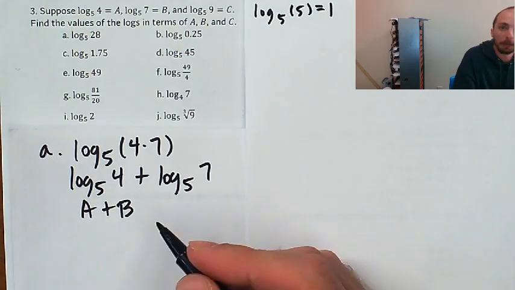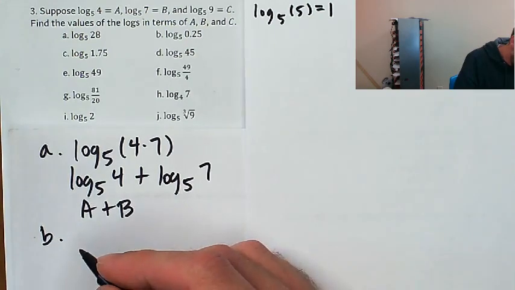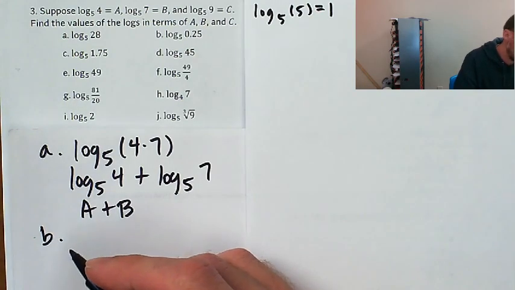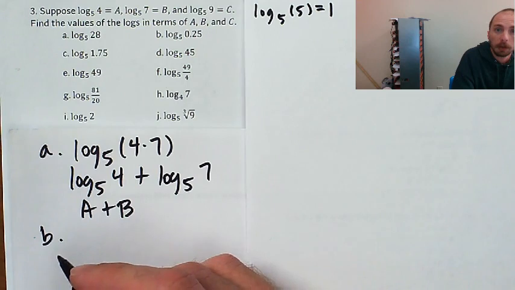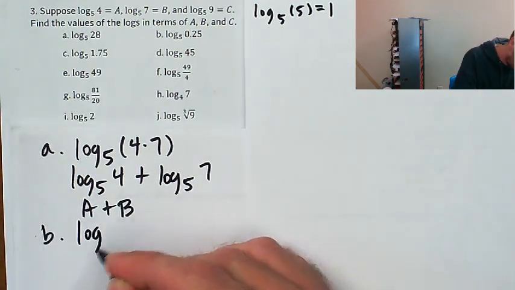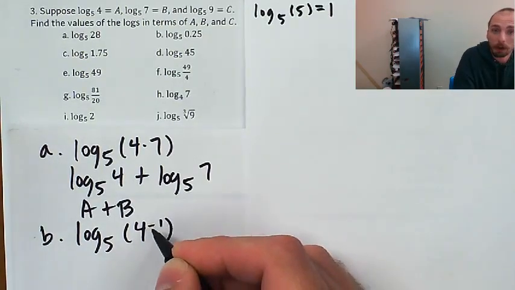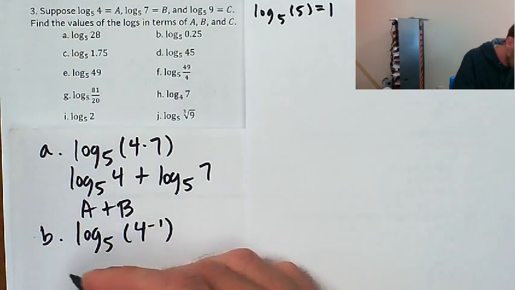Right, I'm definitely not going to be able to fit all of these. I'll figure out a way. B is log base 5 of 0.25. 0.25 is 1/4. Okay, so I'm going to make that out of the 4. I'm going to say that's 4 to the negative first power. Okay, and if I've got an exponent on the inside of the log, I can swing that around the front with multiplication.